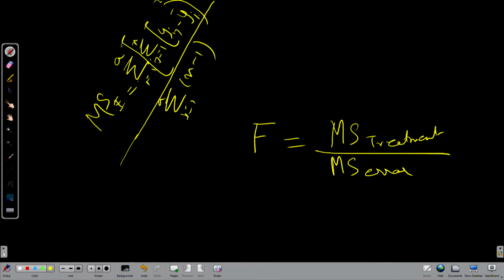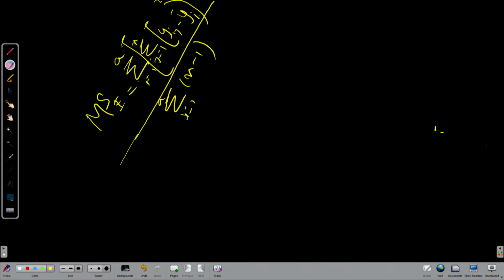Remember, this was the formula for MSE. It was nothing but a pooled variance estimate also.